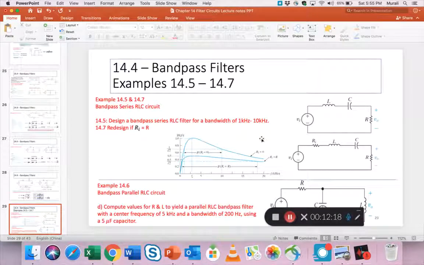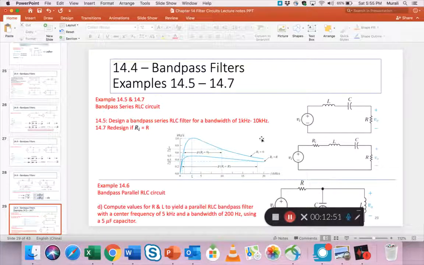The omega 0 formula is still the same. So the center frequency, nothing changes. The corner frequencies, instead of R, simple, we just bring in R plus Ri. And that's the only change that he makes in those formulas for omega C1, omega C2, that is the two corner frequencies.